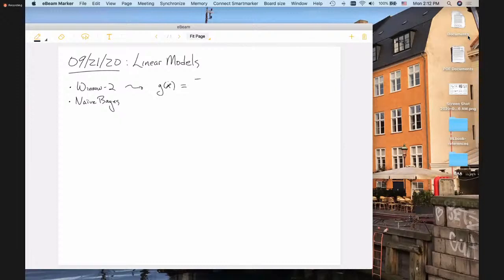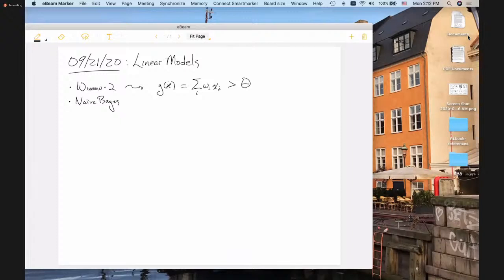And that was defined as a weighted combination of the inputs. So simply multiply weight times input, add them up. And then what we did was that we tested to see if that sum exceeded some threshold theta.